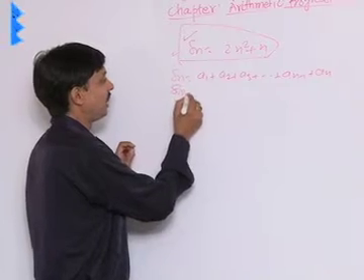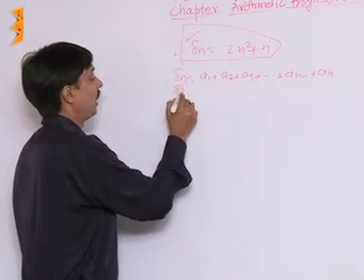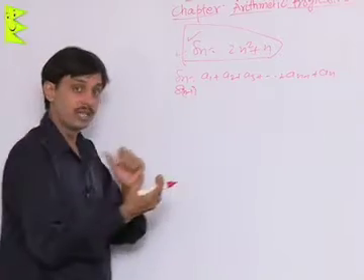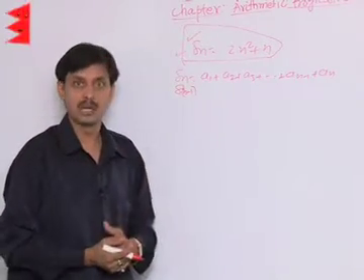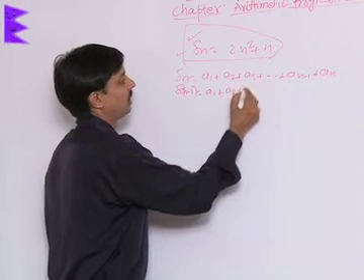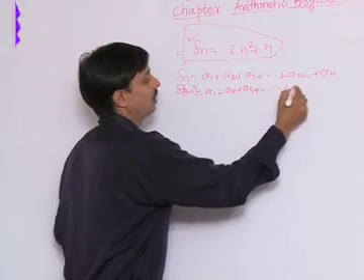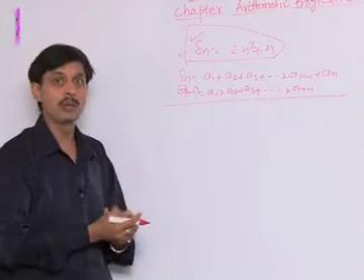If in place of Sn I write Sn minus 1, what does Sn minus 1 mean? The sum of only n minus 1 terms, that is the first term plus the second term plus the third term up to the (n minus 1)th term.